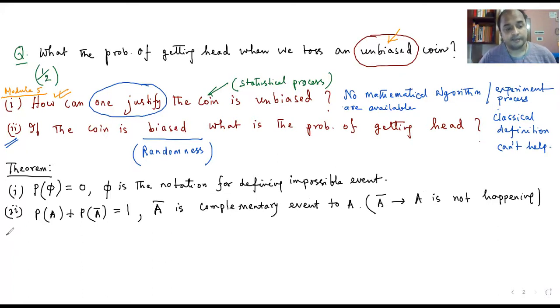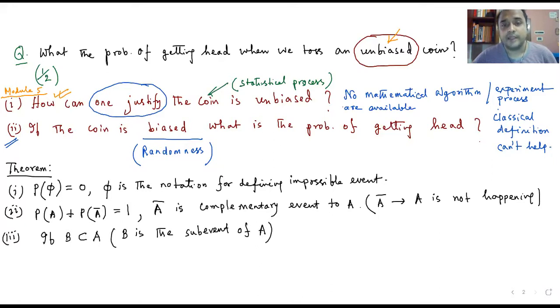Number 3 is, if capital B is a subset of capital A, by this I mean B is a sub-event of A. What do you mean by this?